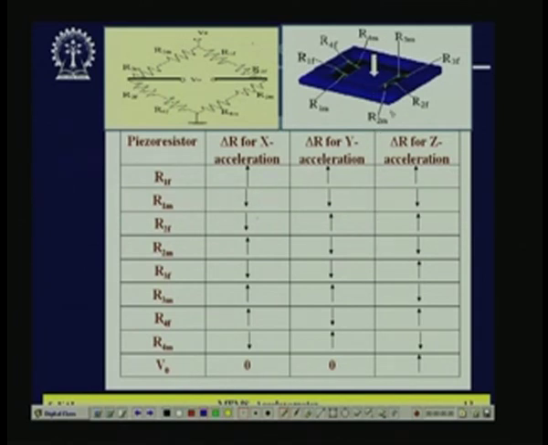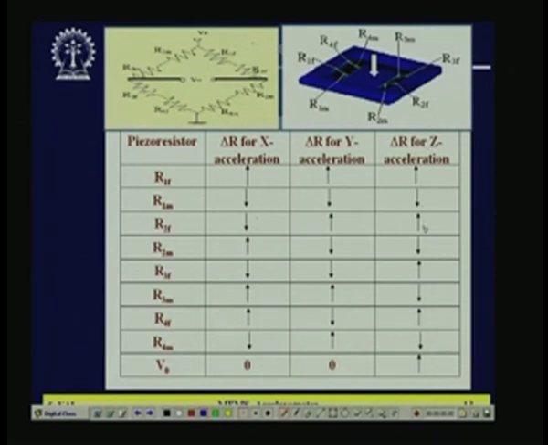Now let us see how the resistances are going to change. Here for z axis acceleration you can see R1F, which is here, and R1M, which is the mass end, is here. So 1F is increasing by delta, 1M is decreasing by delta, for z axis.